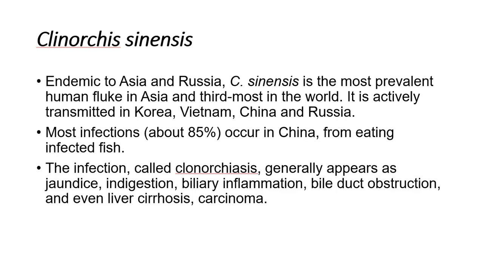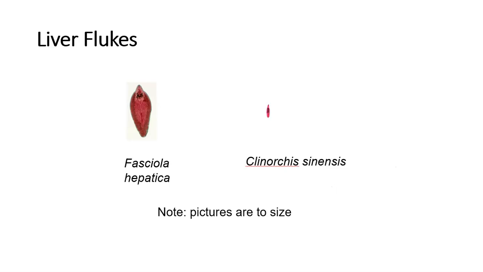You can even get cancer from these guys. The difference for the test, and I really like when you look at it, is the size. And these are pretty true to size. Your Fasciola hepatica, your sheep's liver fluke, in the adult is about an inch and a half. Clonorchis is this tiny little guy. I mean, tiny, thin little guy.